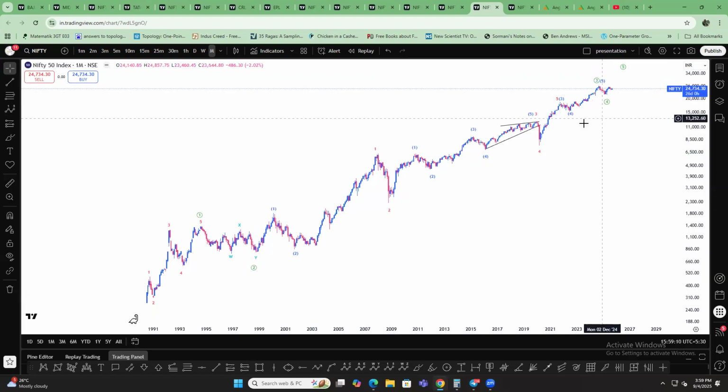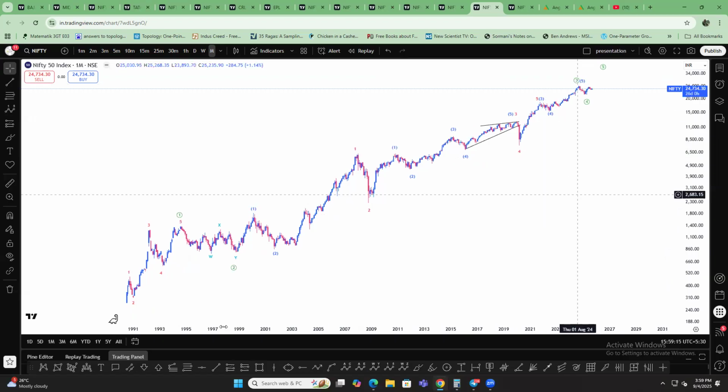Okay. So from these 4, let's also evaluate this with Fibonacci level.